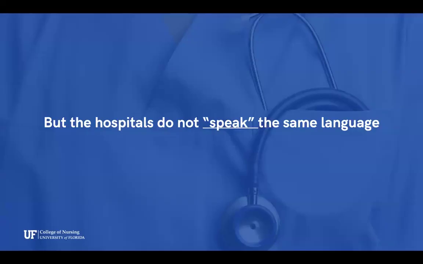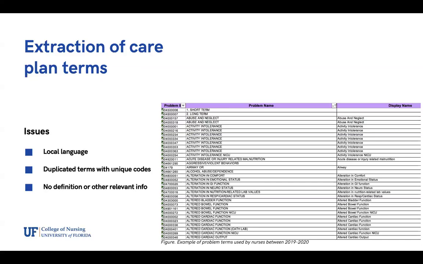But what happens, which I think you all are anxious to know because this is a part that plays within the nursing terminologies, is that the hospitals do not speak the same language. And I put speak between quotes because all of the hospitals here do document in English, but it's still not the same language in a sense that all of the different terms, for example, used to document what we call nursing diagnosis, are not from a standardized terminology.